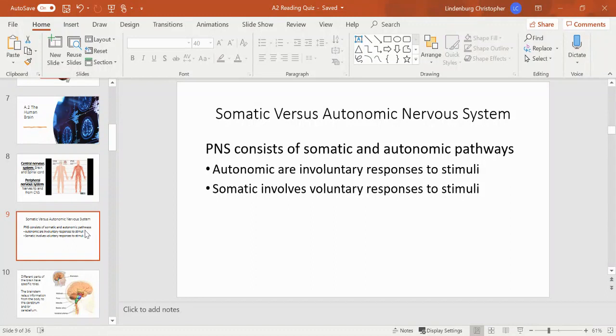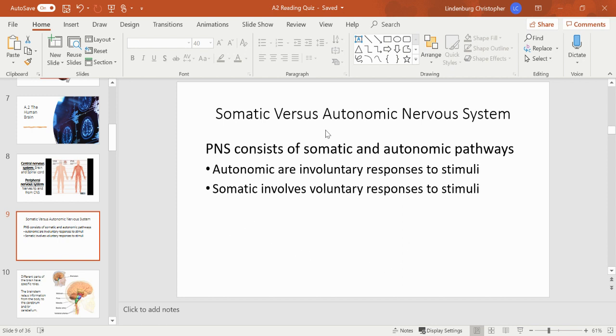The peripheral nervous system has both somatic and autonomic pathways. The autonomic pathways are the involuntary responses to stimuli, reflexes, and things that you aren't thinking about. And the somatic would be the things that you're consciously doing, voluntary responses to stimuli.